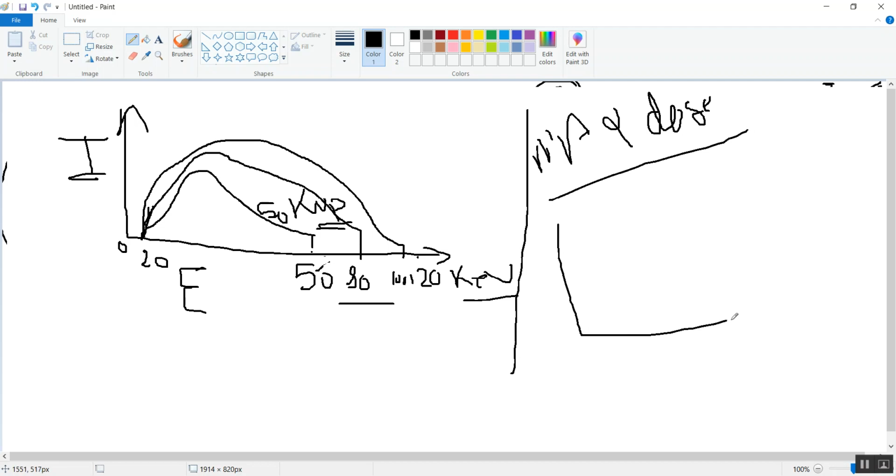So now this is the spectrum, energy and intensity. Here is the first spectrum for 300 milliampere, but if we use 500 milliampere, what will happen to the curve?